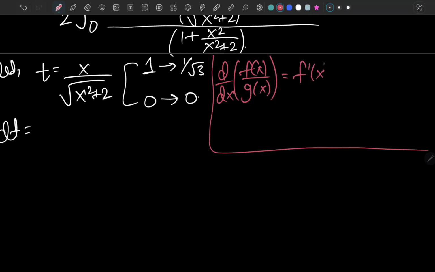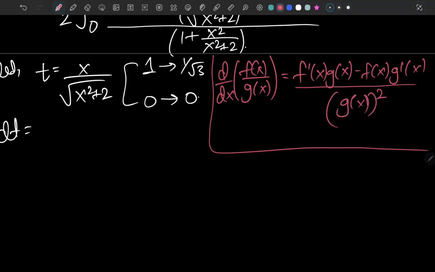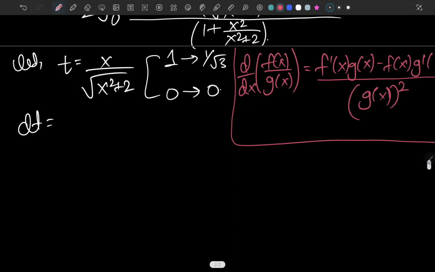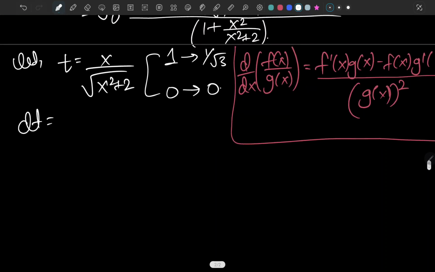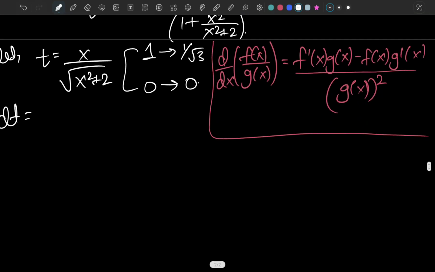So f dash x g of x minus f of x g dash x over g of x whole squared. So this is your quotient rule, and we are going to use that over here. For our case, f of x is x and g of x is square root of x squared plus 2, as you can see here. So let's put all the stuff here and here.